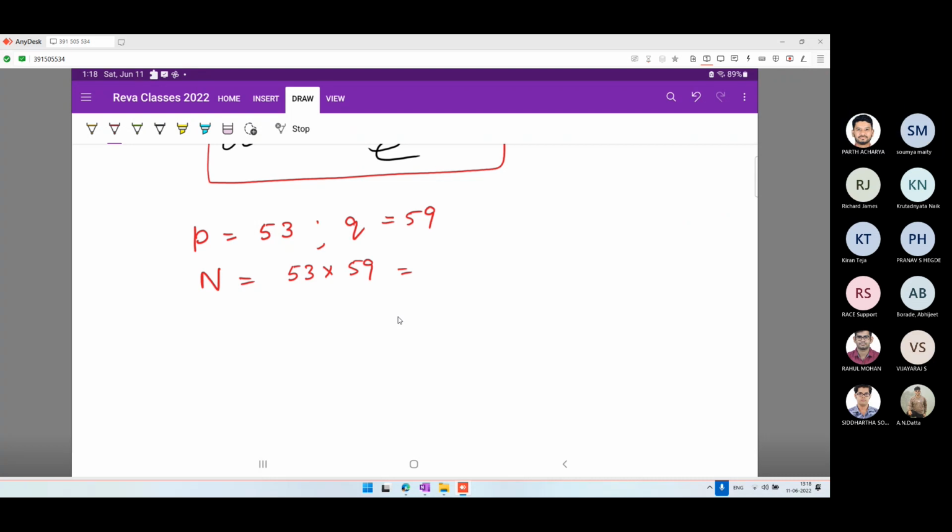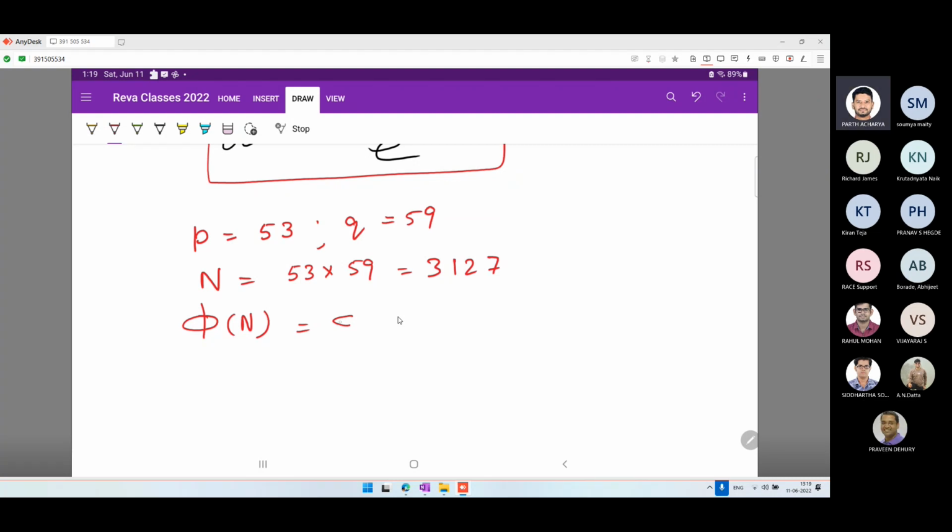Yeah, calculate. 3127. So phi of N will be 52 into 58, which is 3016. That we know. Nobody else can find this one.